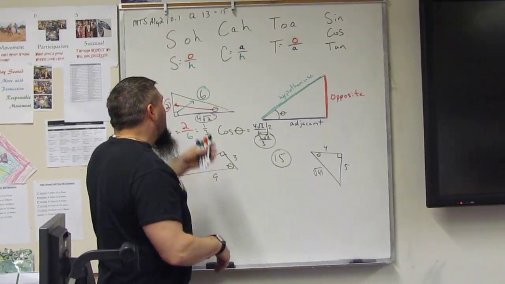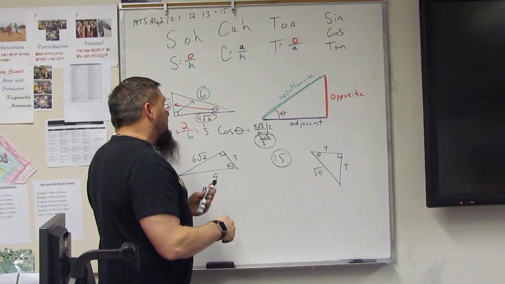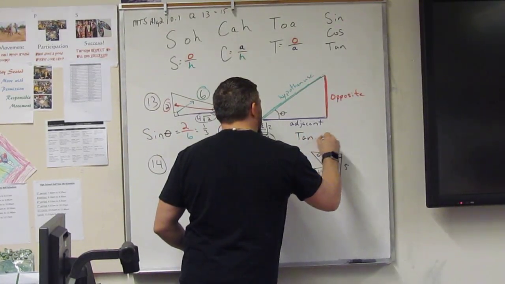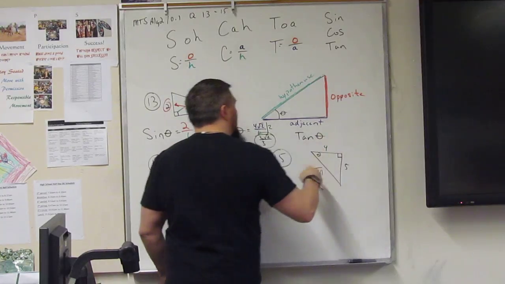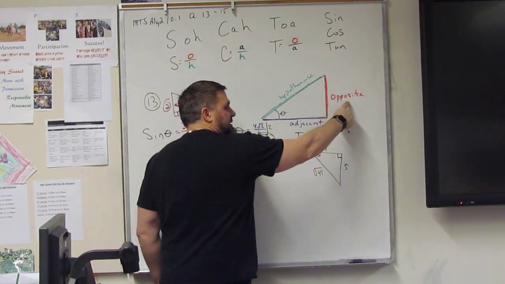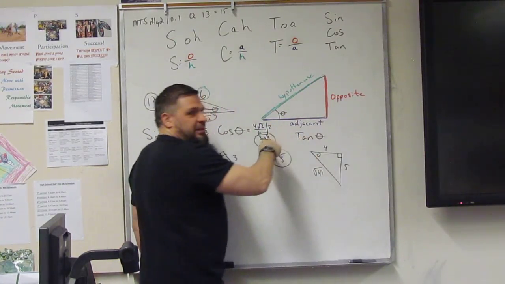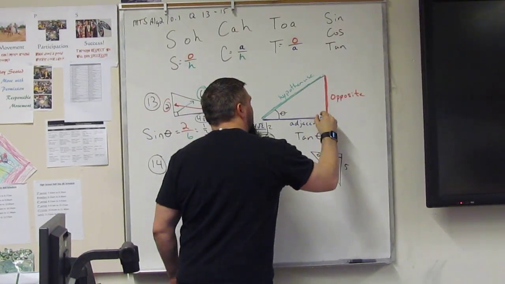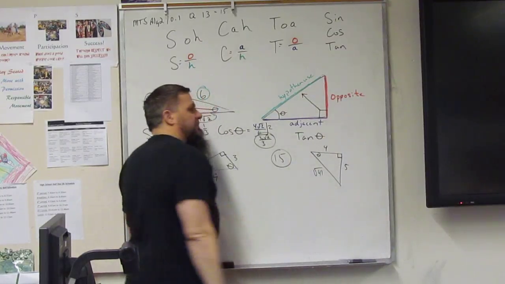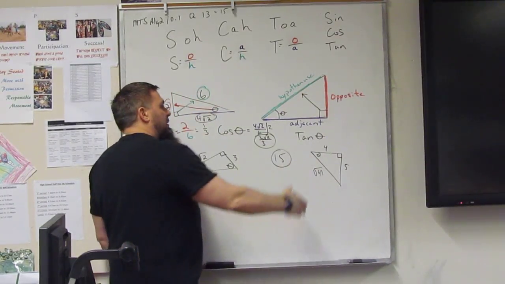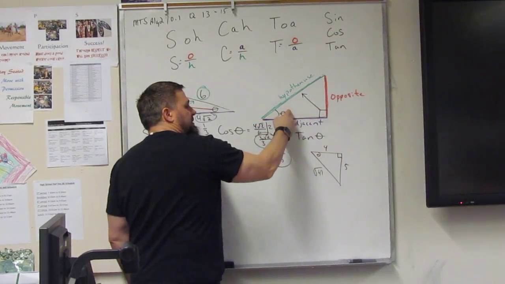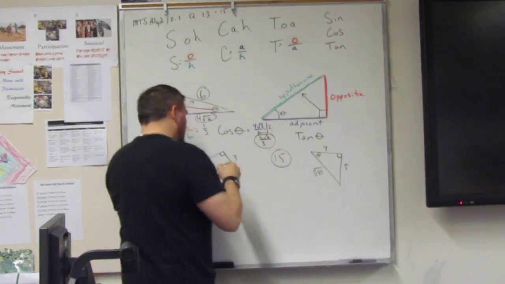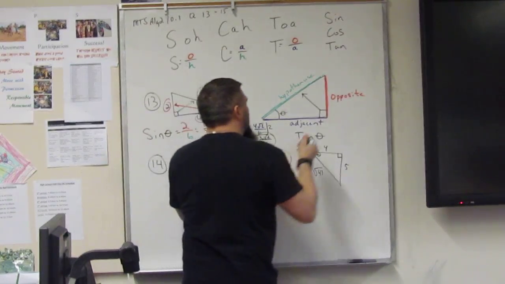And then they want us to do tangent. Now in tangent, it's going to be tangent of theta. So remember, we have opposite, we have adjacent, we have the hypotenuse. The hypotenuse is always across from the right angle. The opposite's always across from theta, right? So I kind of look at it like this.